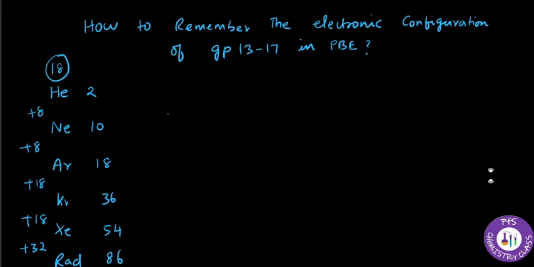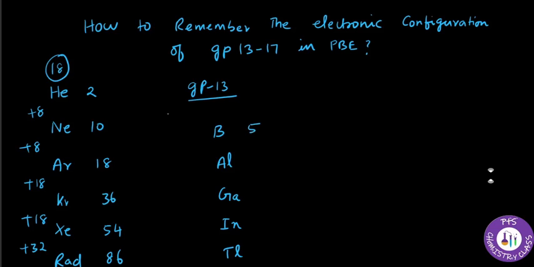First we will see group 13. From my previous video, you could have seen that the elements of group 13 are boron, aluminium, gallium, indium, thallium. Again you can remember the atomic numbers.